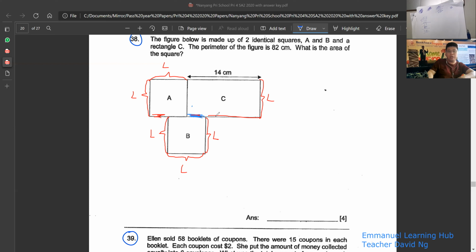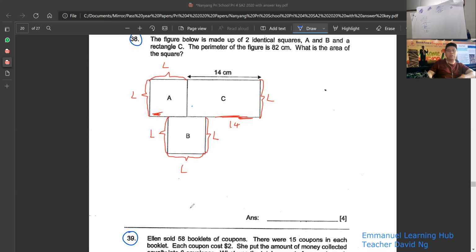Do you agree? That means this red part and this red part here is 14. You agree? So let's treat this part and this part as 14.